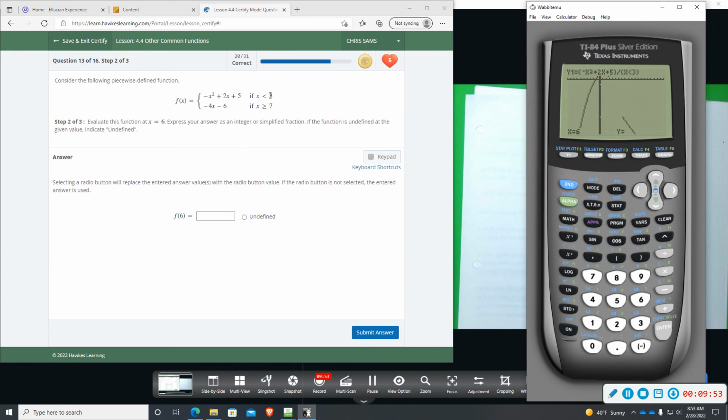Look, none of them get 6, because this one is only defined for x less than 3, so that would be 2, 1, and below, and this one is only defined for greater than 7. Even if I were to arrow down to the y2 graph and hit 6, I get no y value. There are no x values from 4, 5, and 6 in between 3 and 7. So this one is undefined. There's no value there.